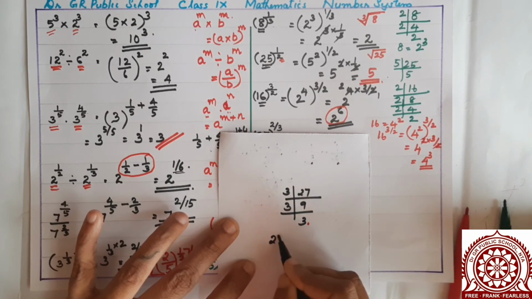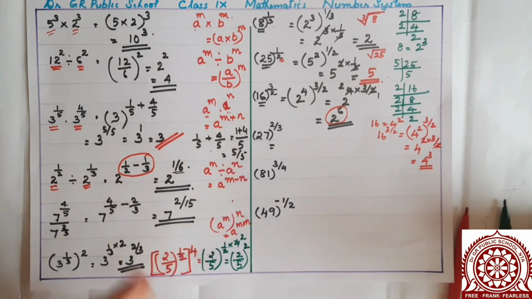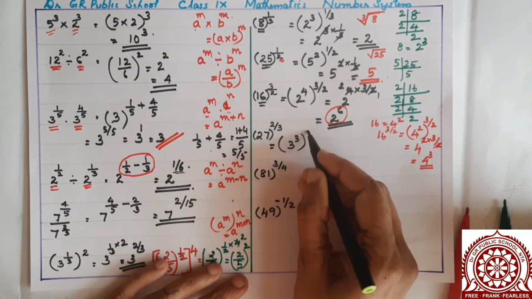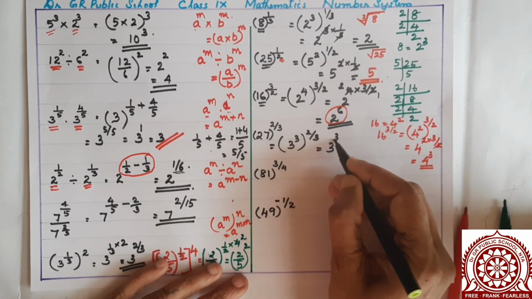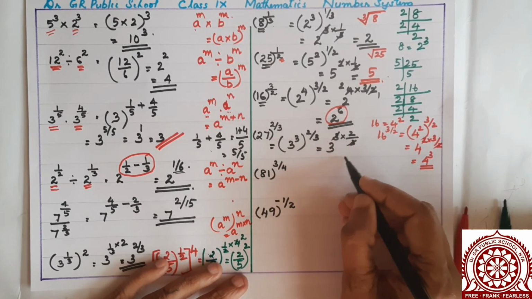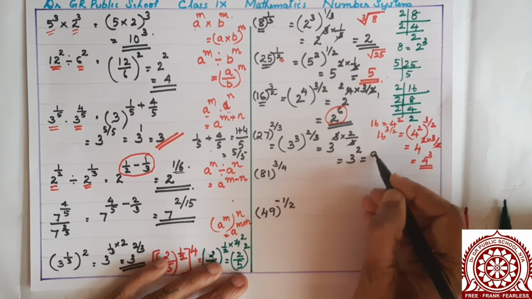Okay, that is 27 can be written as 3 raised to 3. Okay children, so here 3 raised to 3, the whole raised to 2 by 3. It is 3 raised to 3 into 2 by 3. We can cancel 3, 3. The answer is 3 raised to 2 and it is 9.